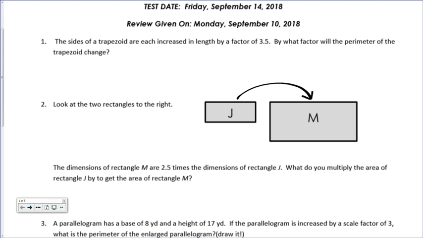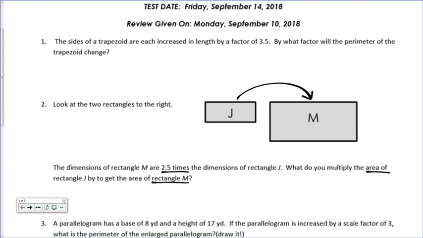And in this case, they're telling you it's 2.5 times the dimensions. So you have to decide, what are they asking for? Are they asking for a side length, perimeter, or area? In this case, we're asking for the area of your new rectangle.